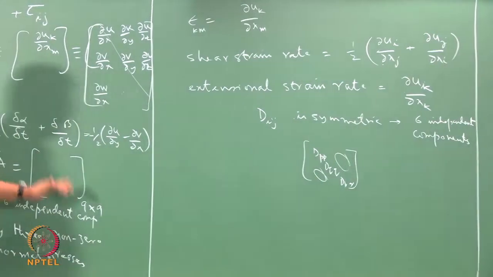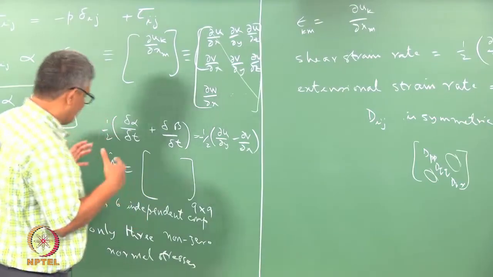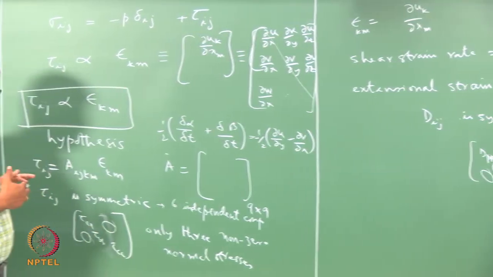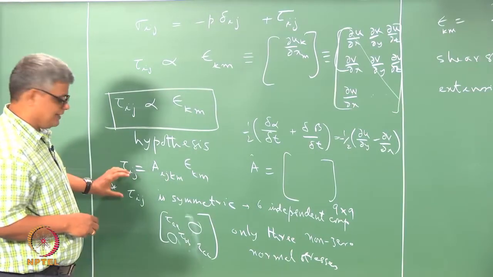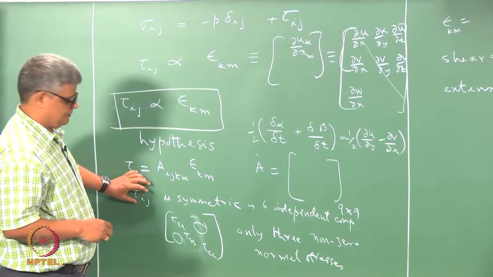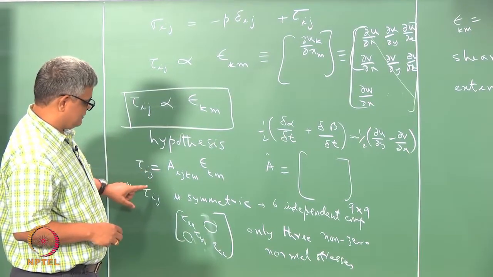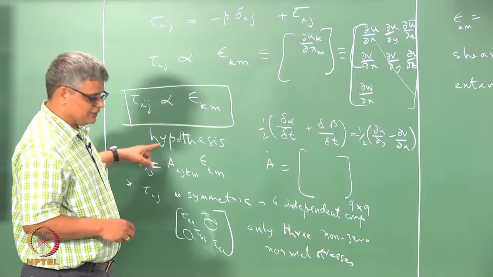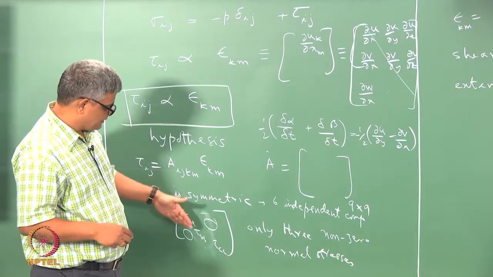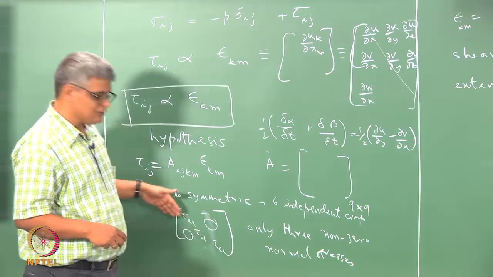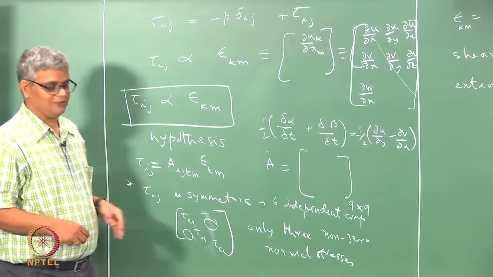Okay. So, we are looking at essentially a matrix rotation operation in such a way that a general tensor with all the 9 components is converted into a special orientation in which only the diagonal elements are non-zero and all the others are 0.